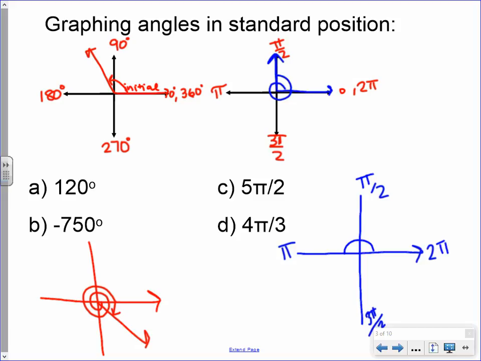Is 4/3 pi larger than 3/2 pi? It is not. Okay. So 4/3 pi is going to be here in quadrant 3. We say that this is a quadrant 3 angle because its terminal side is in quadrant 3.